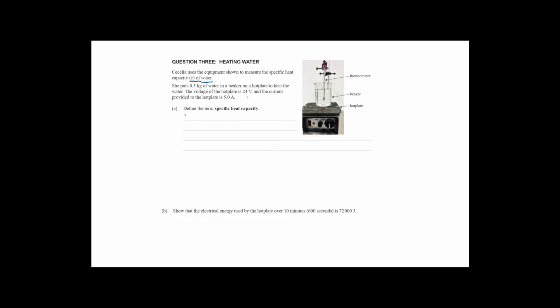So the specific heat capacity of a substance is the amount of thermal energy required to increase or decrease one kg of that substance by 1 degree Celsius.